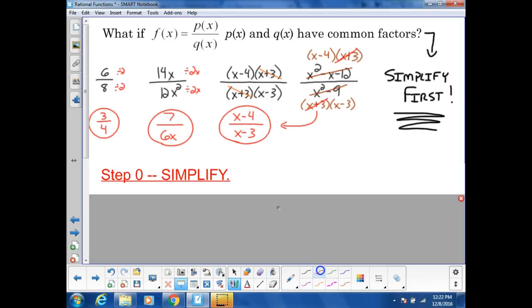Because otherwise, your graph is going to be wrong, your vertical asymptotes, all that other stuff is going to be wrong. You're not going to be graphing the correct one. You need to simplify first. So that's why we do this as step number 0.